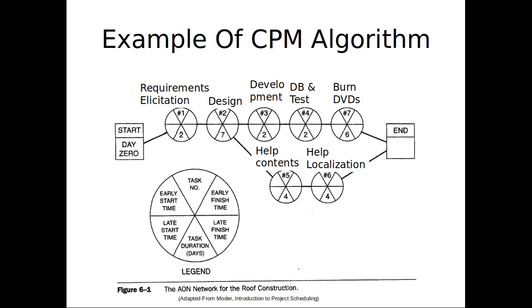Okay, so we're going to have a start here. And there's going to be a set of these nodes here, and I'll have to draw these in pretty close succession. So this will be node 1, node 2, node 3, and then node 4 and node 7.